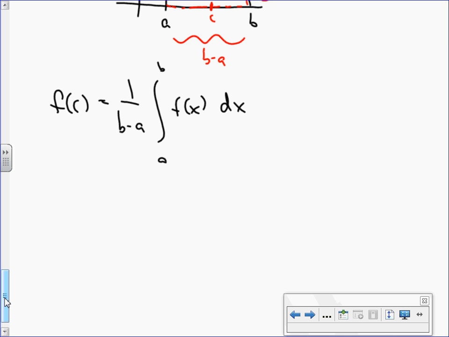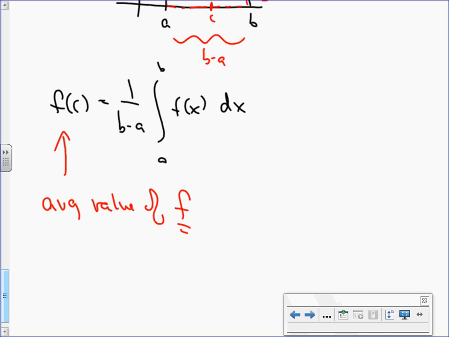This right here is called the average value of f. Now, when we talk about finding an average of something, we usually think we add something up and divide.